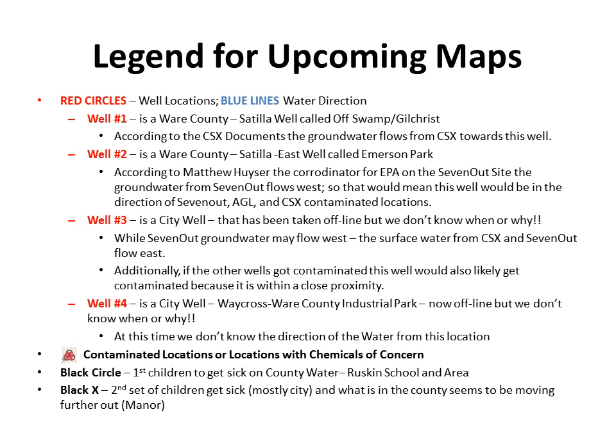On our upcoming maps, we have provided you with a legend. The red circles are the well locations, blue lines are the direction the groundwater flows. Well number 1 is the Gilchrist Park well. Well number 2 is the Emerson Park well. Well number 3 is a city well that was taken offline.